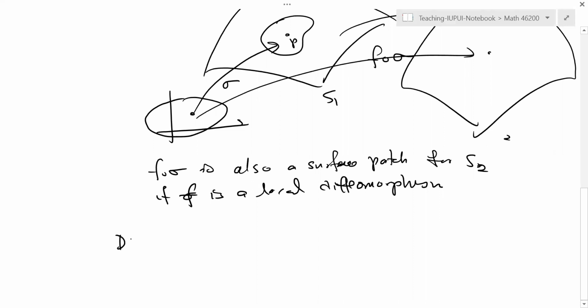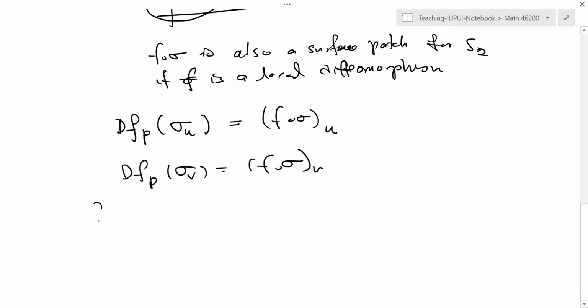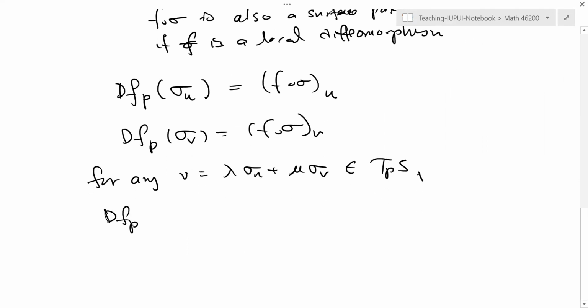So DF at P sends this tangent vector, from the above definition, to F circle sigma V. You can easily see that. And so for any vector, which is lambda sigma U plus mu sigma V in the tangent plane, this is a linear map. So it's going to be lambda, right?